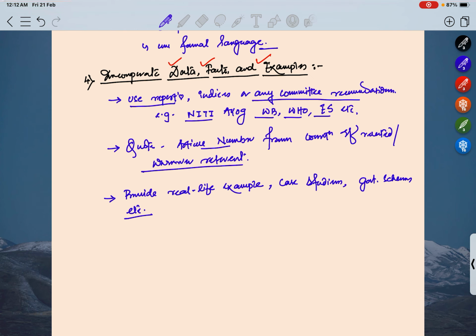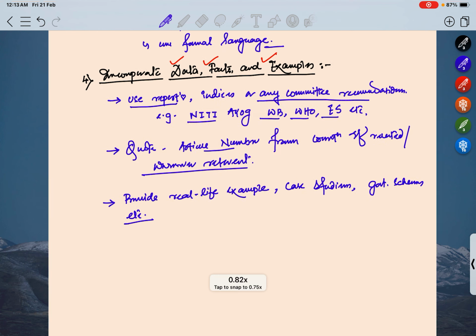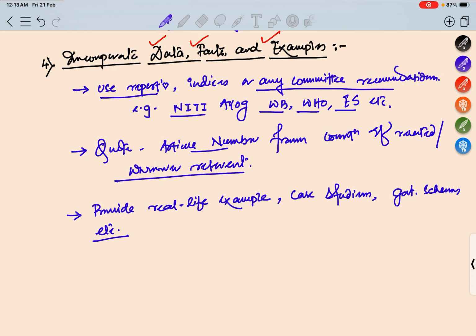It will impress the examiner, and it is also proof that you have studied the subject very well, that you are well read. So always try to incorporate data, facts or examples.